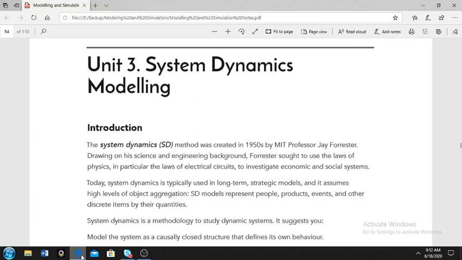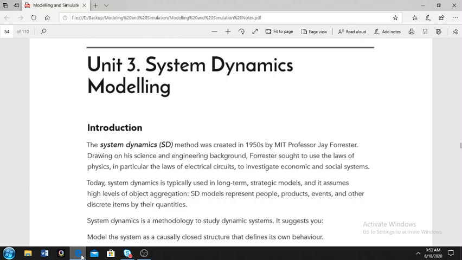The system dynamics method was created in the 1950s by MIT professor Jay Forrester. Drawing on his science and engineering background, Forrester sought to use the laws of physics, in particular the laws of electrical circuits, to investigate economic and social systems.